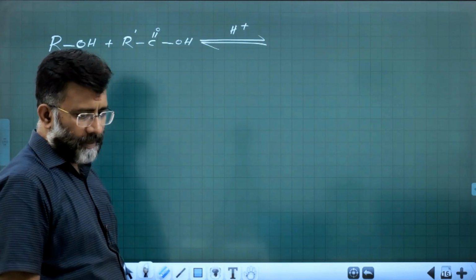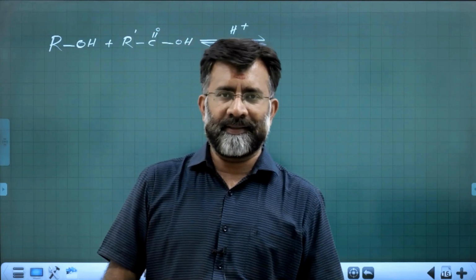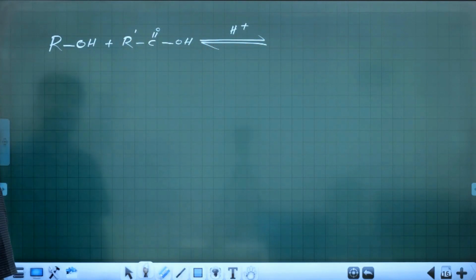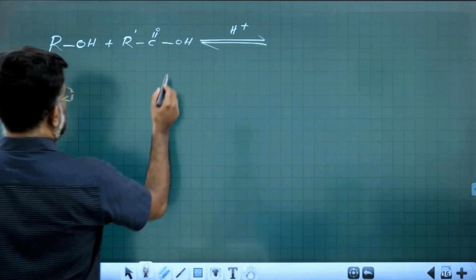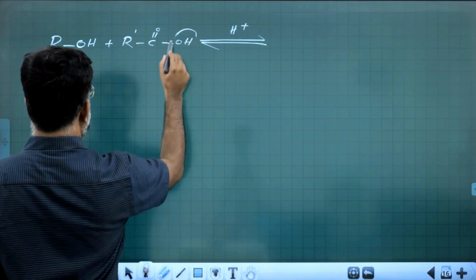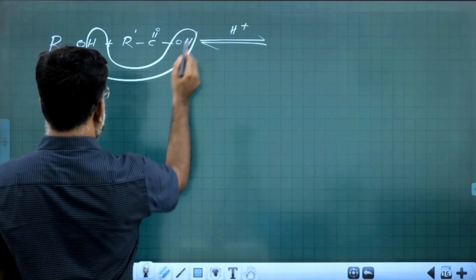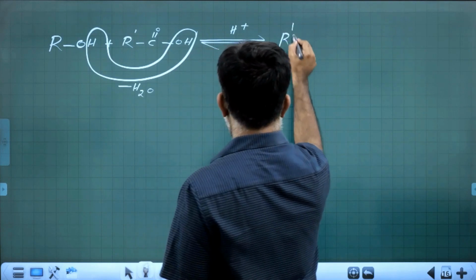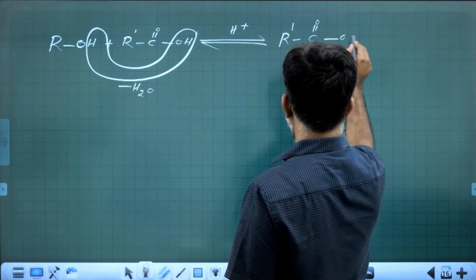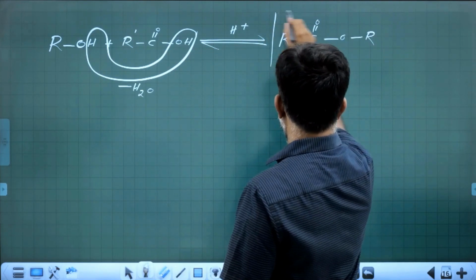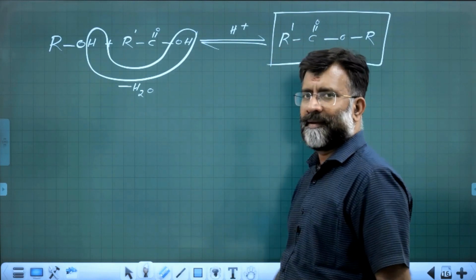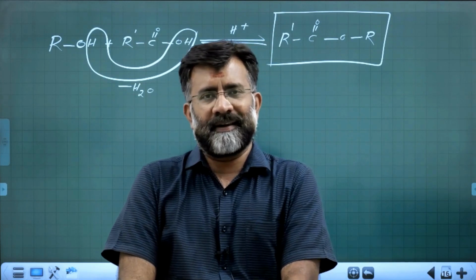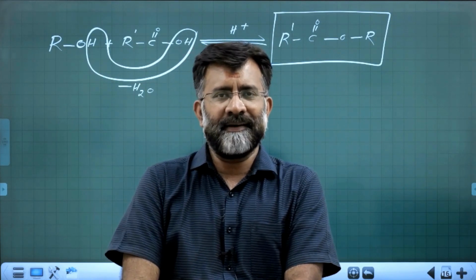A detailed mechanism we need to learn in the next chapter; we can discuss it in the course of time. Now water is removed, OH and H out as water, and what you get is R dash COOR, an ester, right? That is the reaction.